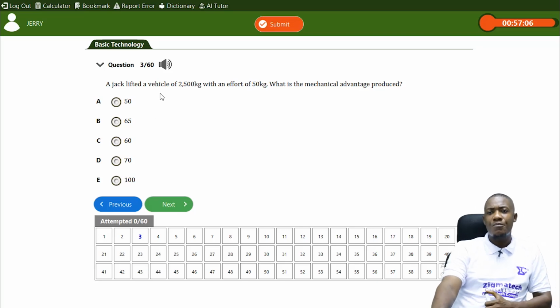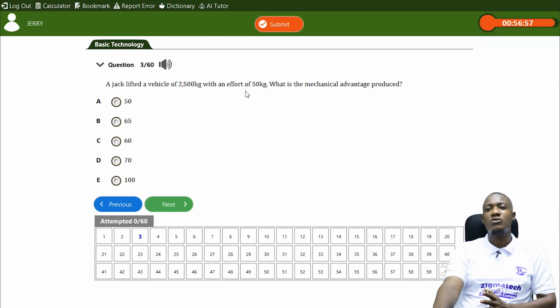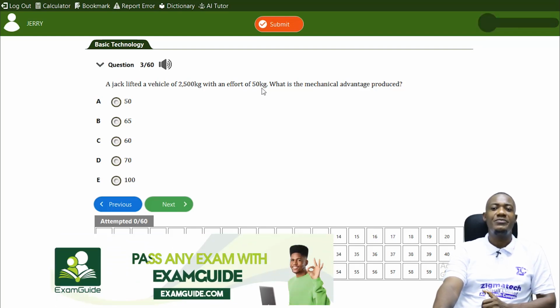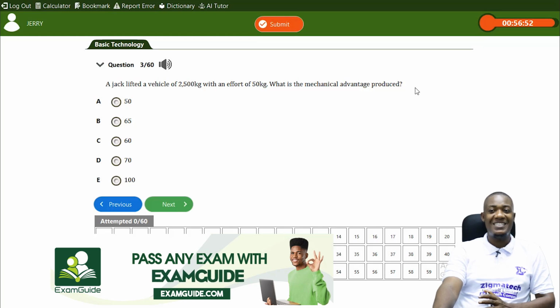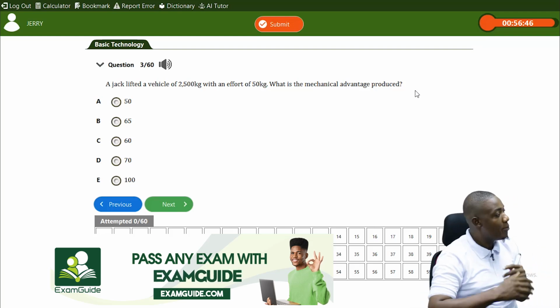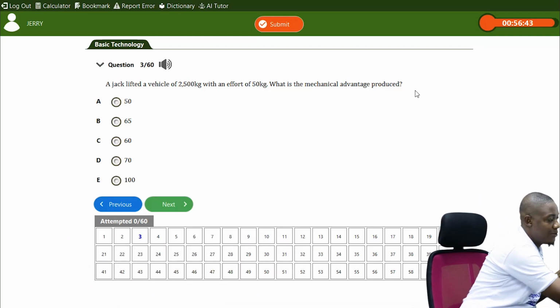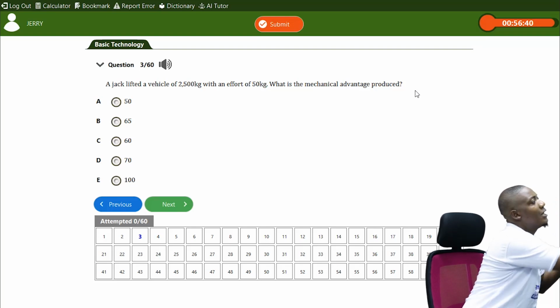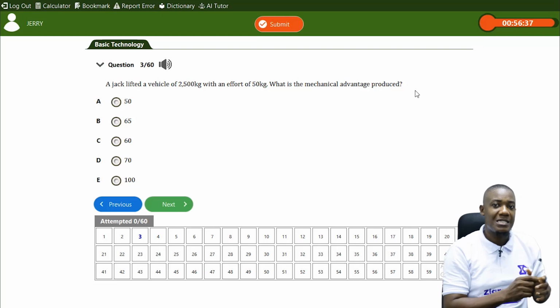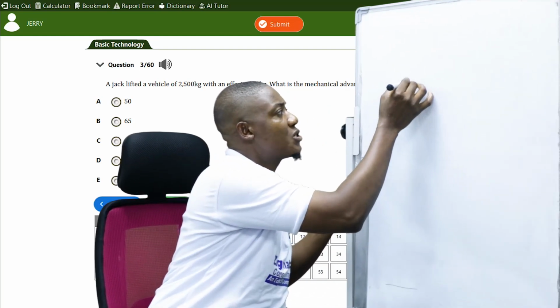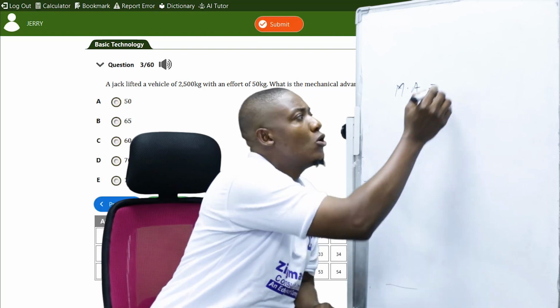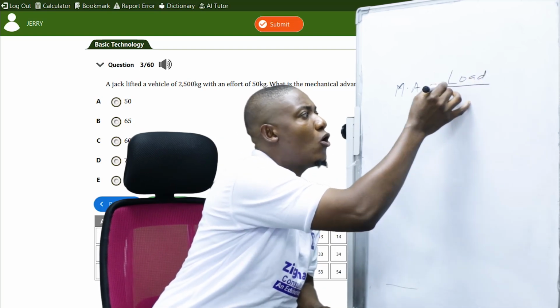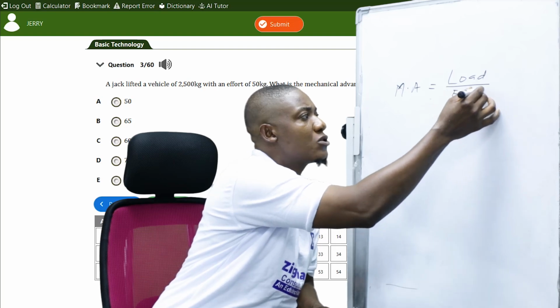Okay, let's see this. A jack lifted a vehicle of 2,500 kilograms with an effort of 50 kilograms. What is the mechanical advantage of the machine? Now, that means we are going to make some calculations. Remember that I told you in the course of my class that the mechanical advantage of a machine, MA, is equal to load over effort.